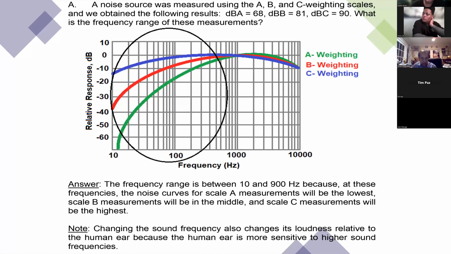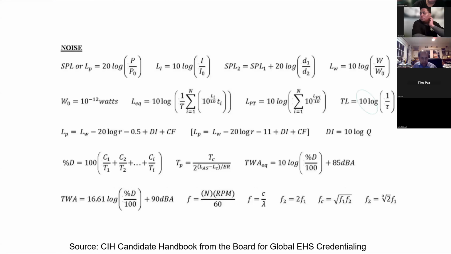And I understand this question is very common in most CIH exams. This is something you want to learn, this graph, to understand the differences between weighting scales. And now let's go to the next one.